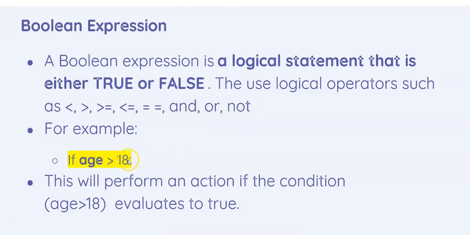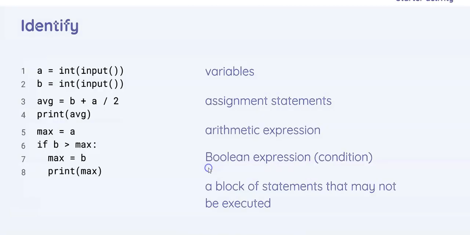If age is greater than 18, this will equate to either true or false. Great. So now, can I ask you to go ahead and complete the final section in the starting activity?